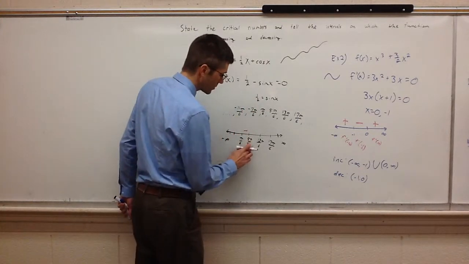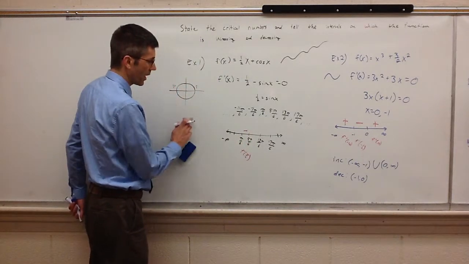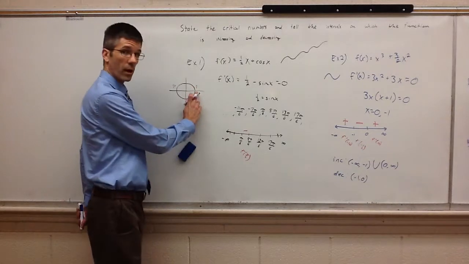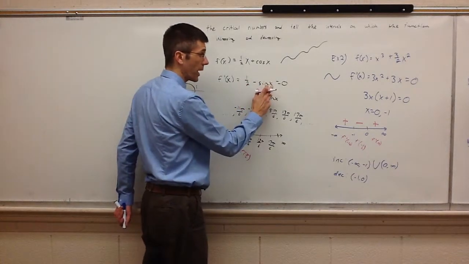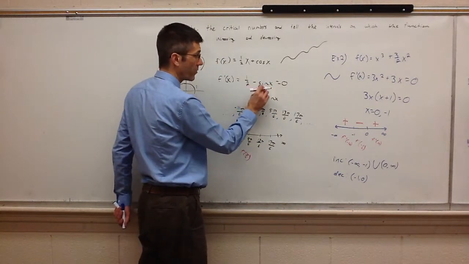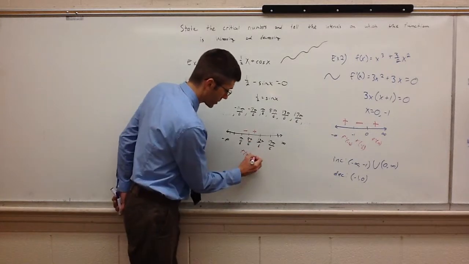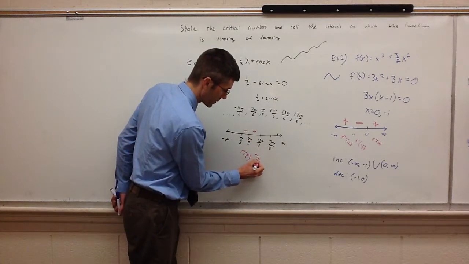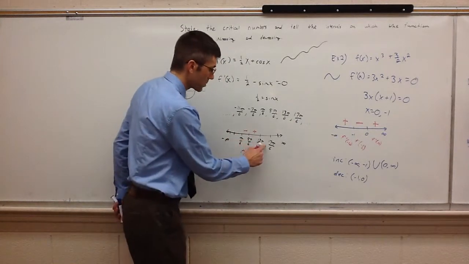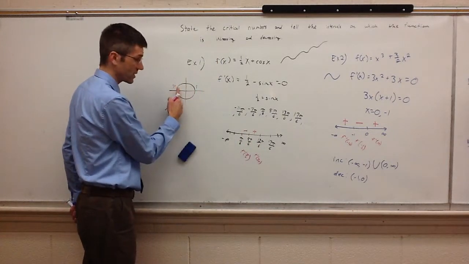Okay? Let's plug in a number between 5 pi over 6 and 13 pi over 6. 2 pi works. If you plug in a 2 pi here, sine of 2 pi is 0. 1/2 minus 0 is positive. That was f prime of 2 pi. All right? Let's plug in a number somewhere between 13 pi over 6 and 17 pi over 6.